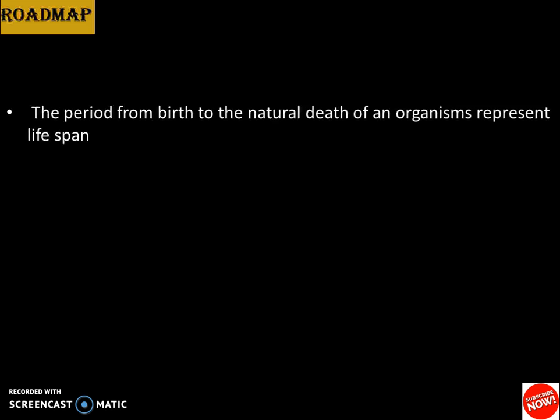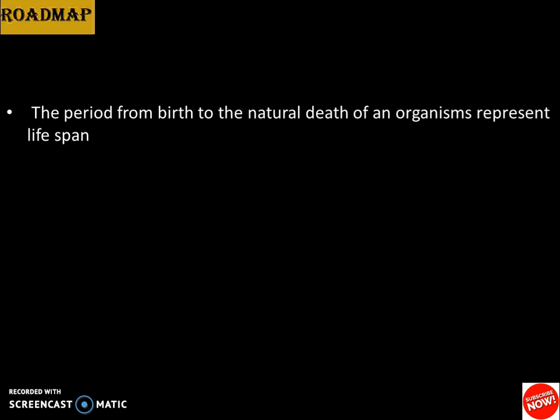Now, what exactly is the life expectancy of an organism? The period from birth to the natural death of an organism represents the lifespan. So the period between birth and death is the life expectancy of an organism. But this life expectancy differs in different organisms.